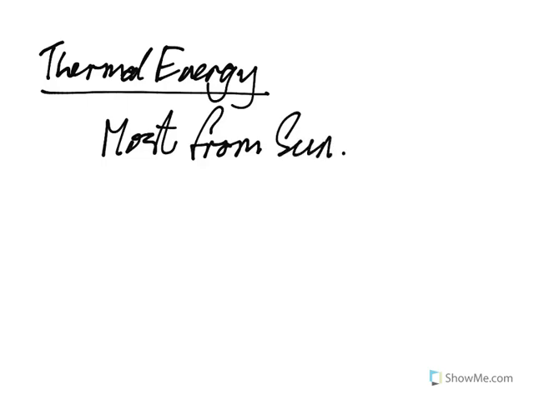Okay, so, you know, days are warmer than nights and those sorts of things. Days when the sun's out are warmer than days when the sun's behind the clouds, those sorts of things. So most of ours comes from the sun, and then some of that's converted to other sources, and there are other ways that we can get thermal energy. We've all got heaters in our houses and things like that.